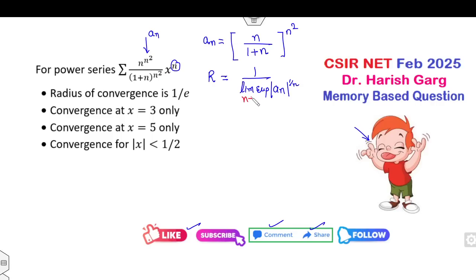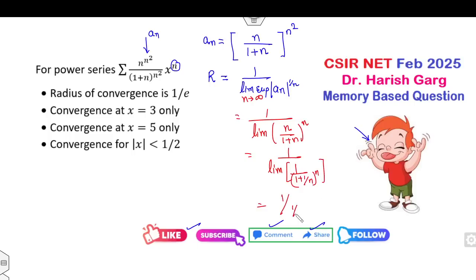As n approaches infinity, the n will cancel, n raised to power n, so this will be 1 over the limit of 1 over 1 plus 1 over n raised to n. So this limit will be 1 by e, so that will be e. So the radius of convergence is e. So the first option is cancelled if it is 1 by e. If it is e, then this is the right answer.